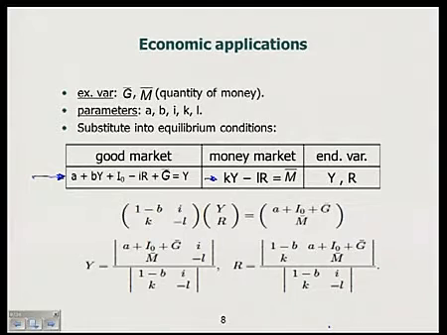rate. Now we want to build the matrix of the coefficients of capital Y and capital R. And this is the matrix. With straightforward calculation, you build the matrix very easily.